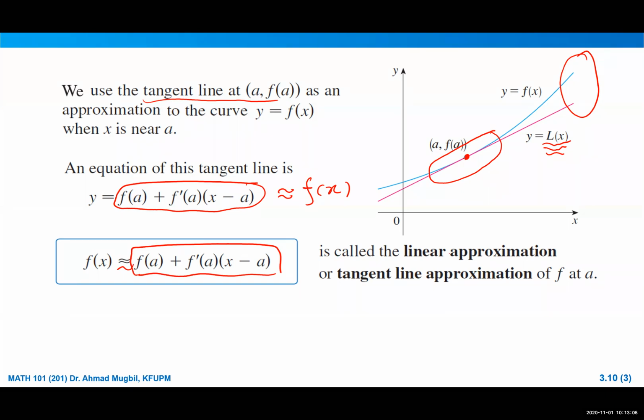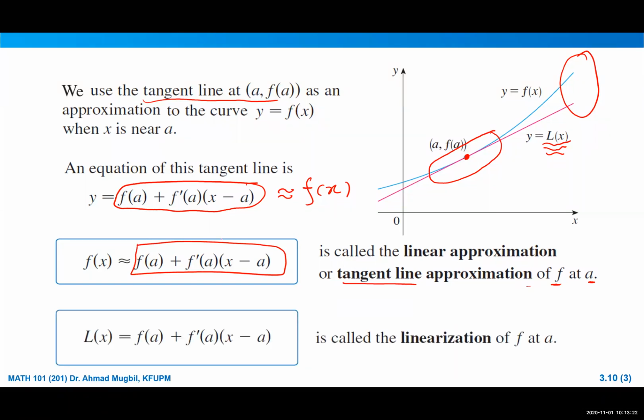This is called the linear approximation or the tangent line approximation of this function at this value of x. Let's give this expression a name to make it easier. We will call it L of x. So L of x is the function called the linearization of the function f at the point A.